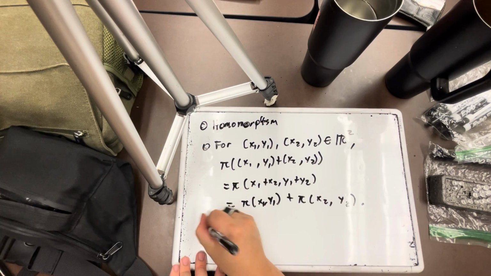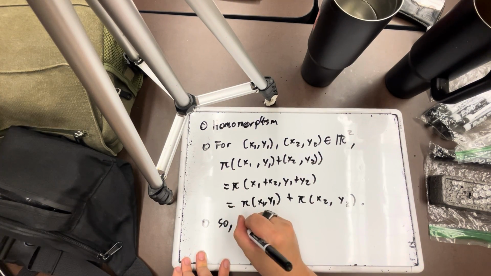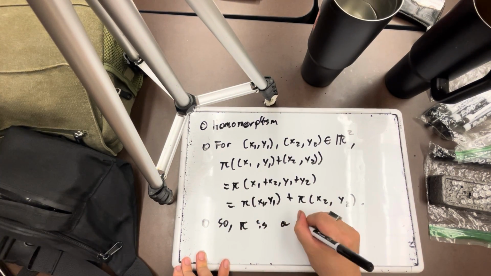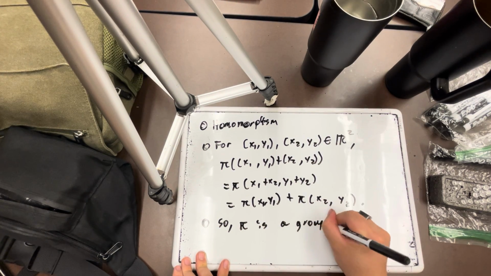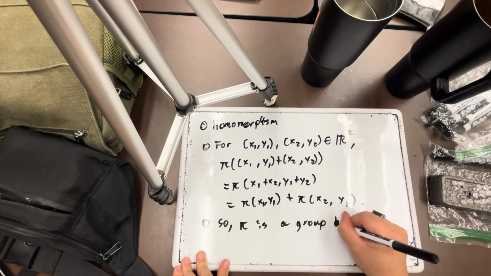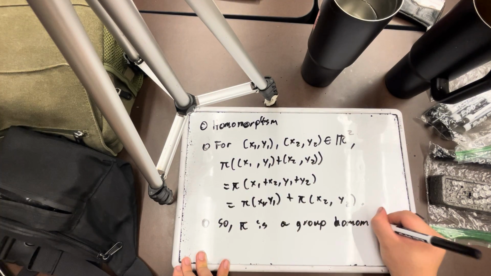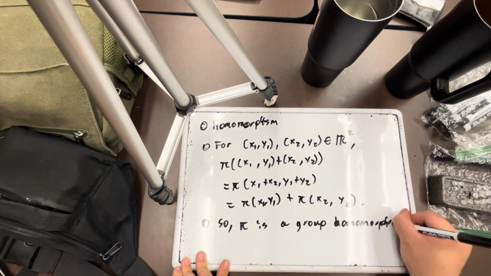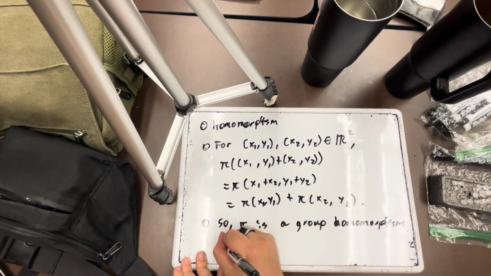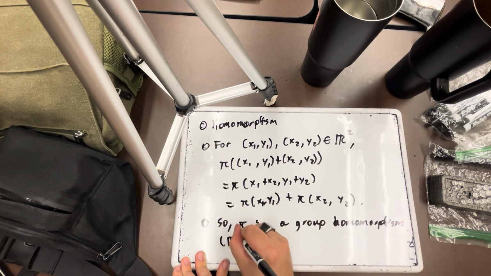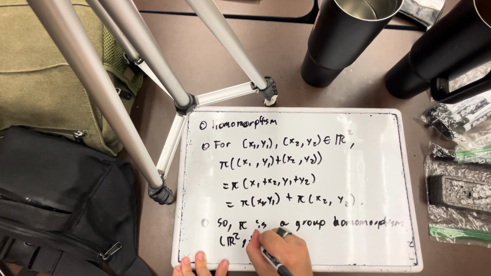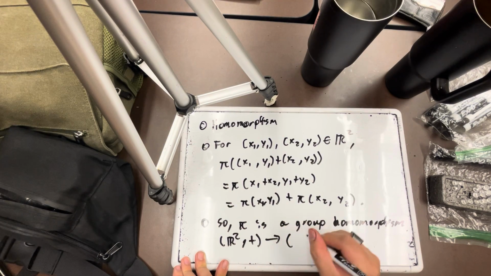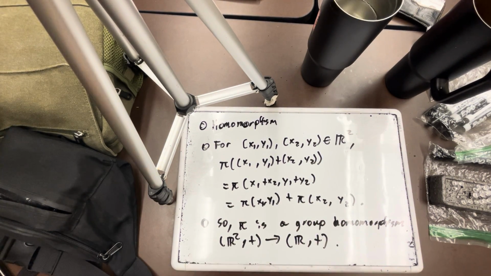So pi is a group homomorphism from the additive group over the reals with degree 2 to the addition on the reals with degree 1, right? So let's move on to the next part, which is the kernel.